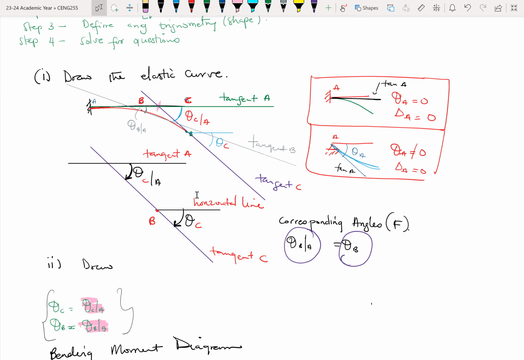For a roller support, the tangent will not be horizontal. It might have some slanting. And for other points on the structure, they are likely not to be horizontal either. There are a few instances where other points on the beam would end up being horizontal. We'll see one of those examples, but normally they are not horizontal. So I think that's what I can say to that effect.